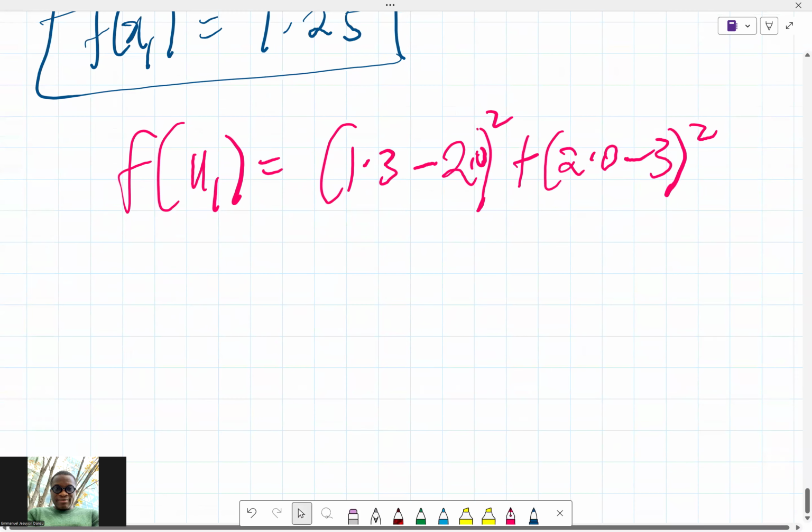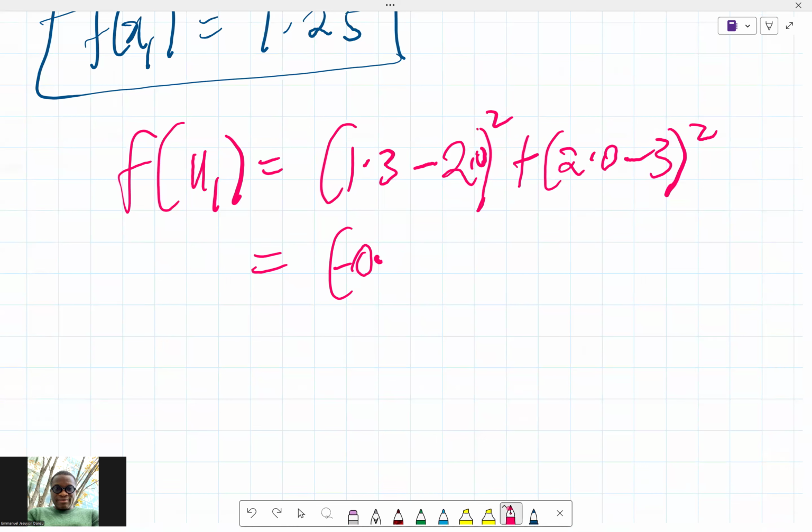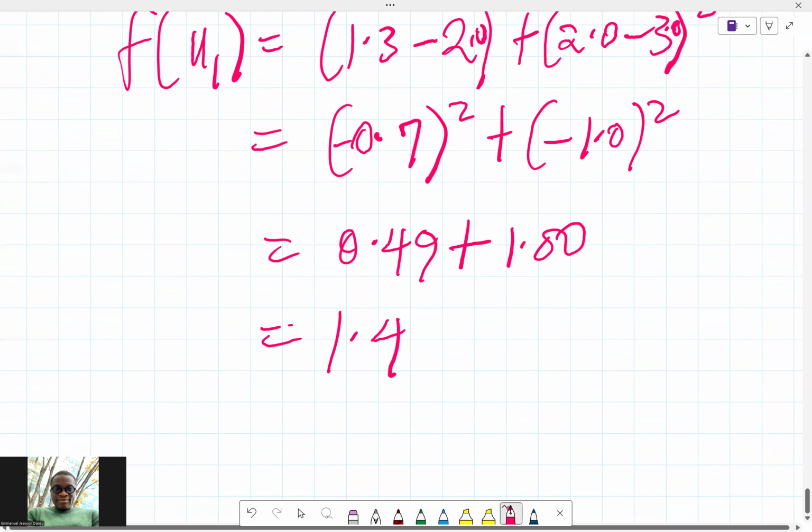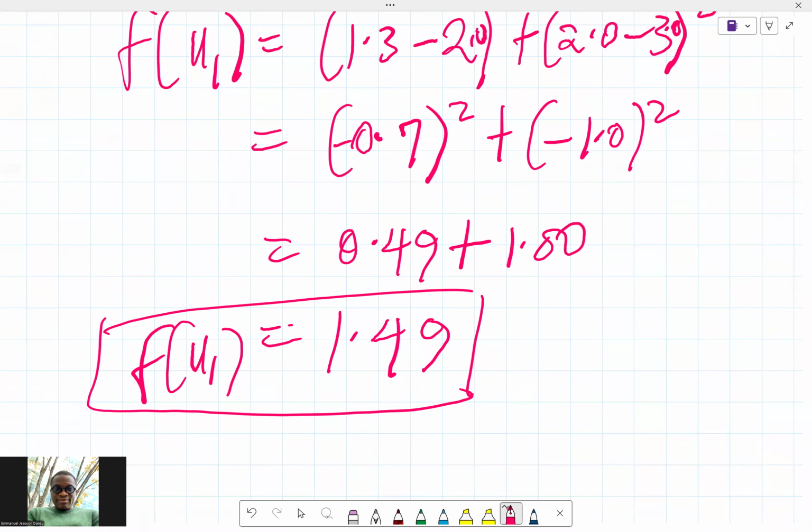So from this we have minus 0.7 squared plus minus 1.0 squared. So this is 0.49 plus 1.00, so now we have 1.49. That is f of u1 is 1.49.